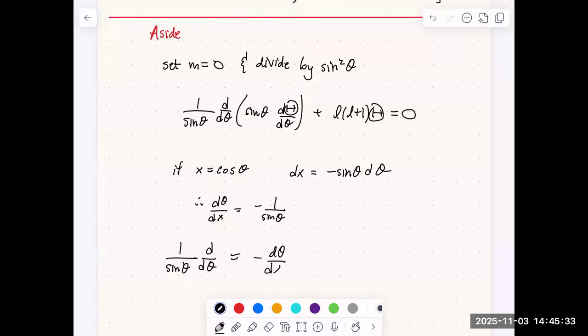And then we have a d by d theta. But this is just the chain rule for d by dx. This is minus 1 over d by dx. This is chain rule. So that's going to simplify this thing quite a bit. Okay.